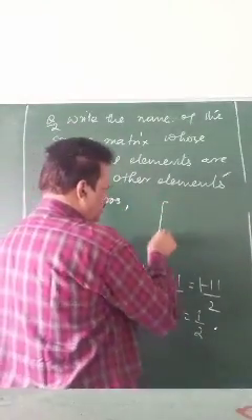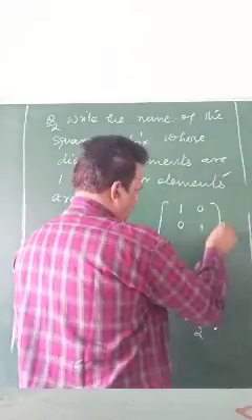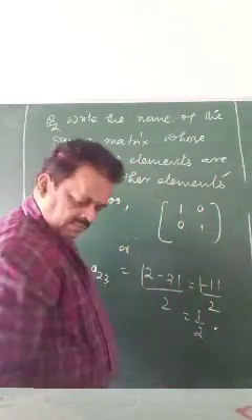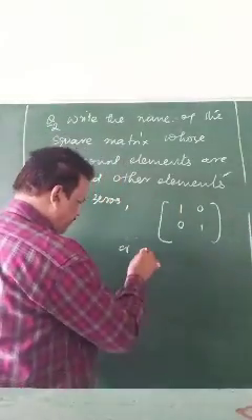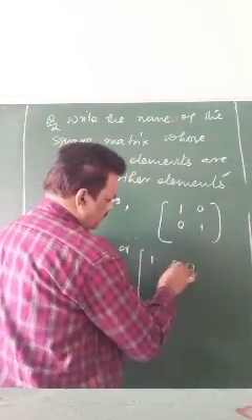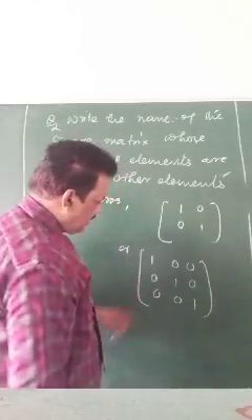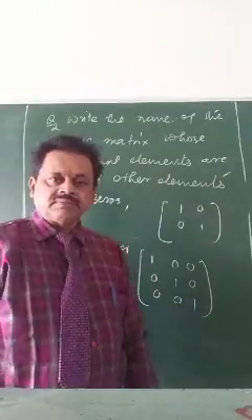Imagine what you call it. Diagonal elements 1, other 0. Or if you recall a 3 by 3 matrix, if I take 1 0 0, 0 1 0, 0 0 1, look, diagonal elements are 1, other elements are 0. What is the name of this matrix?